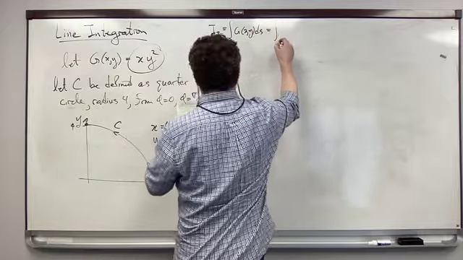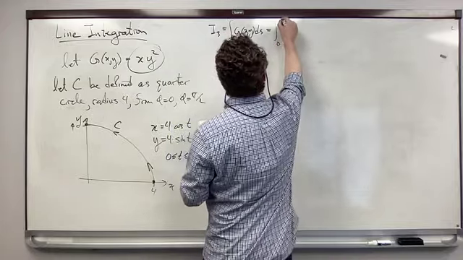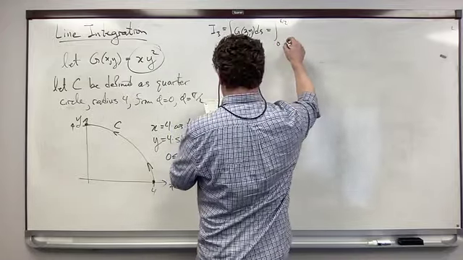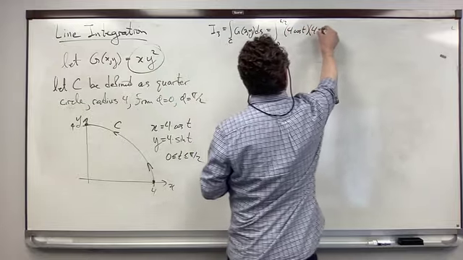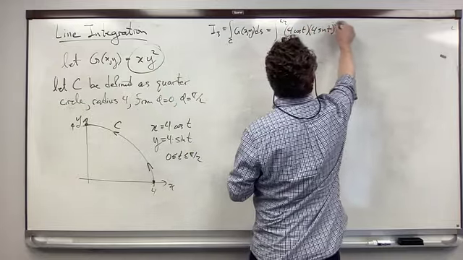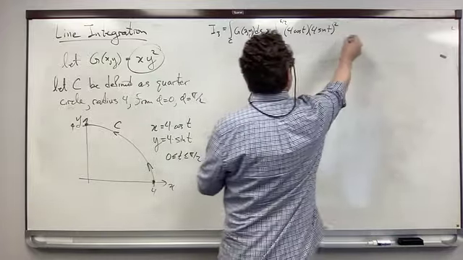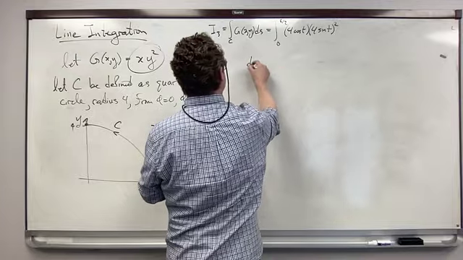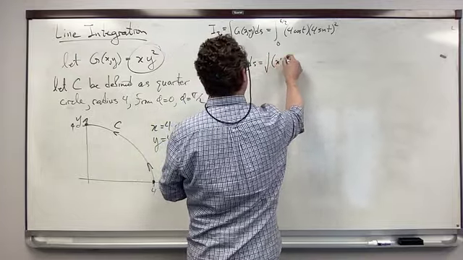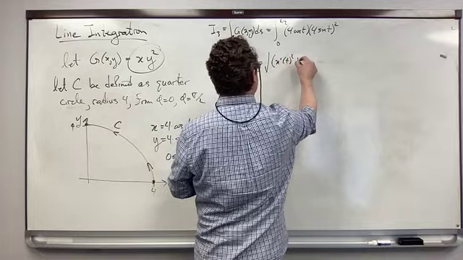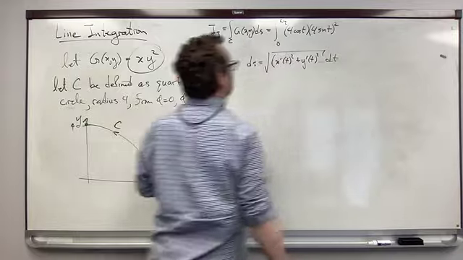So this is integral of 0 to pi over 2. And we have the same thing we've had before, 4 cos t, 4 sine t squared. And then now we have, well, let's leave this for a second. So ds is the square root of x prime of t squared plus y prime of t squared, dt.